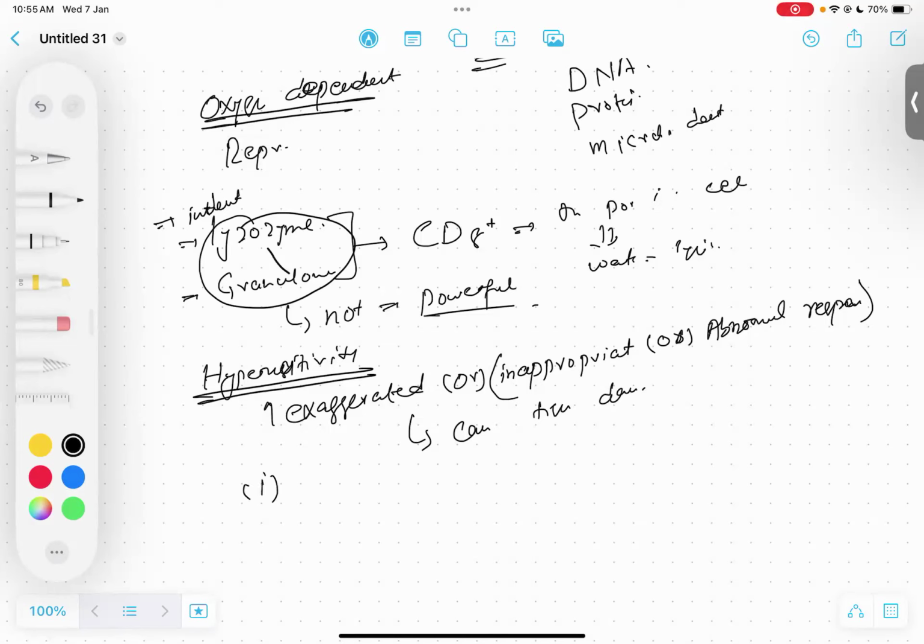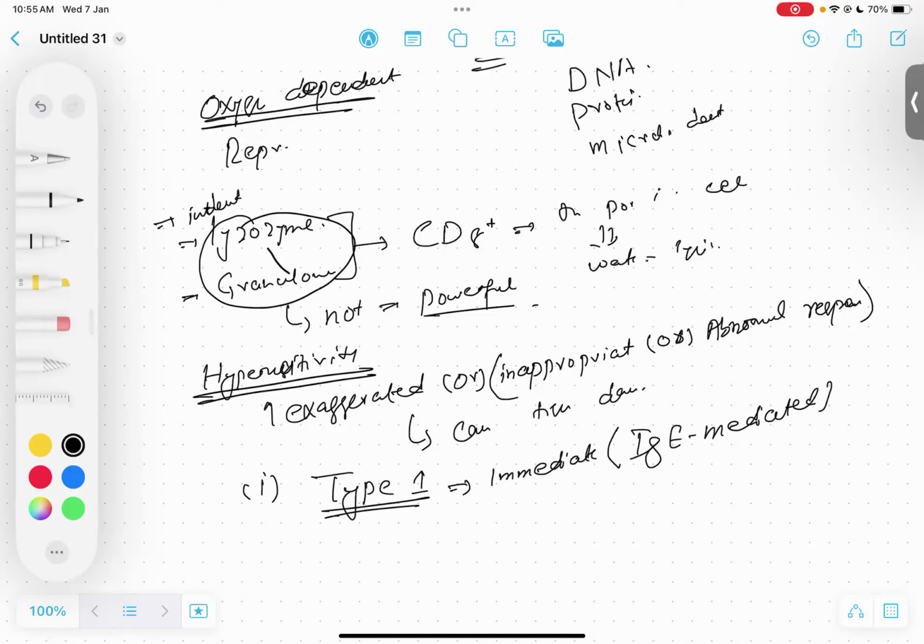The first one is called type 1, and it is an immediate type of allergic reaction, and it is IgE mediated.